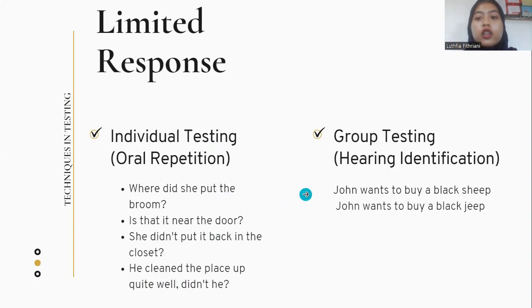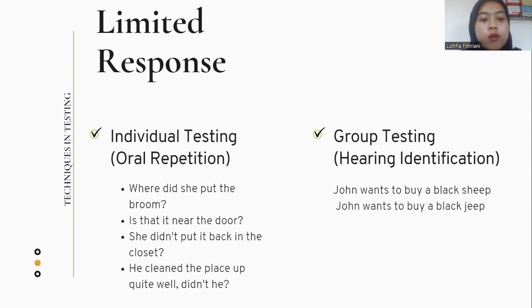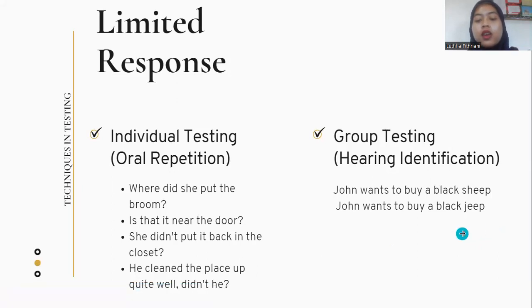On the other hand, in group testing or hearing identification, the teacher will give a list of sentences to the students. After that, the teacher will say two different sentences. The students are required to decide whether the two sentences different or not. For example, the teacher will say, John wants to buy a black sheep, and John wants to buy a black jeep.